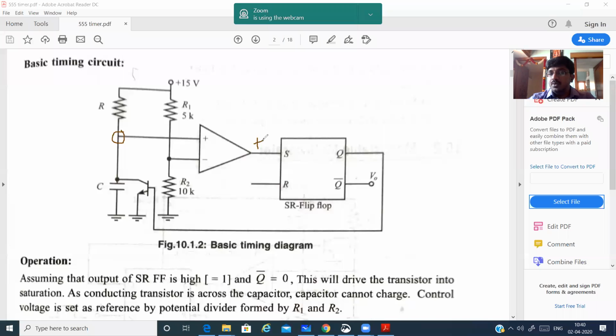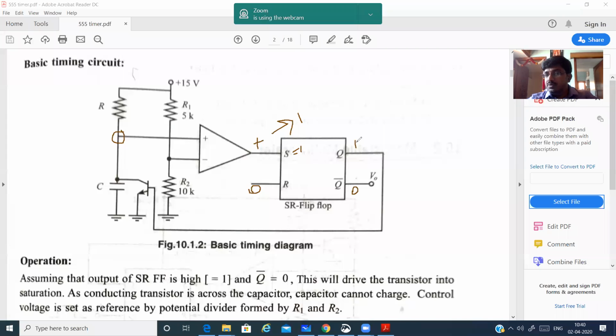We know that positive indicates logic 1. So logic 1 means S becomes equal to 1. In that case, R will be 0. So when S is equal to 1, what happens to the SR flip-flop? Automatically Q becomes 1 and Q bar becomes 0.